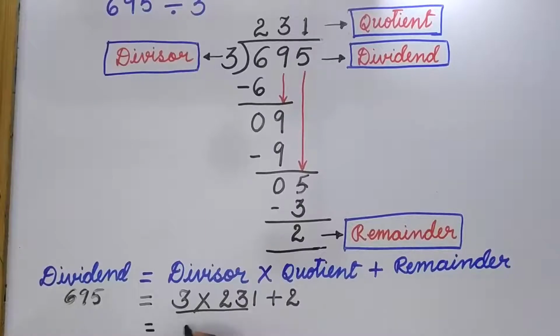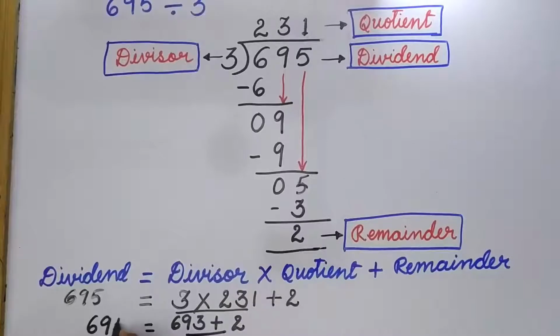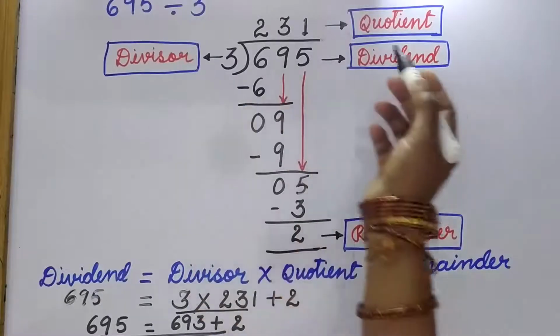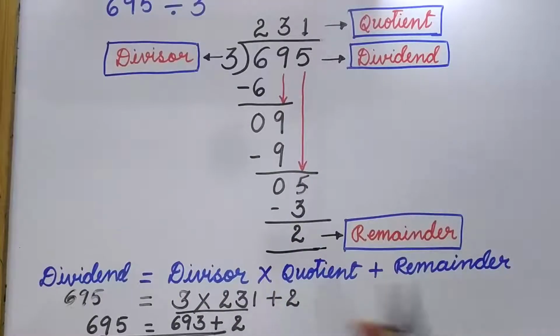Yeah, correct. We will get 693. Plus 2, how much did we get? We do get 695. That means this is the relation, and it will be useful for us to check or verify the answer of a division sum. This is the relation between these terms of division.